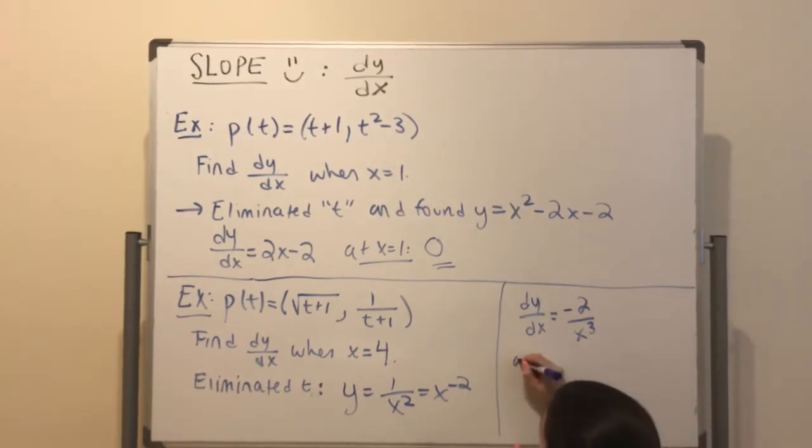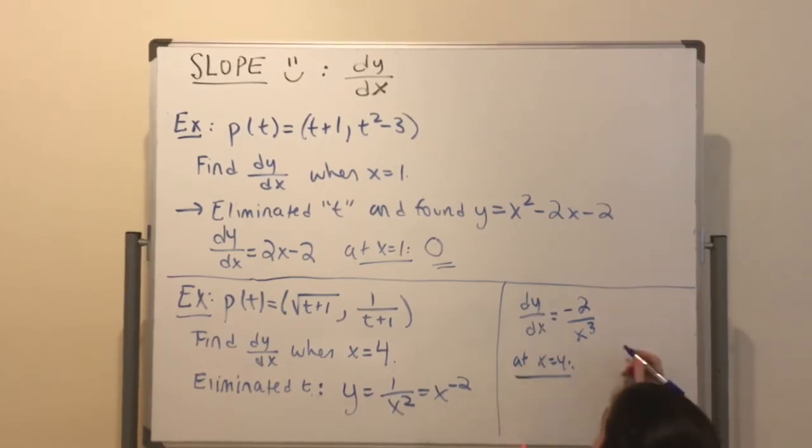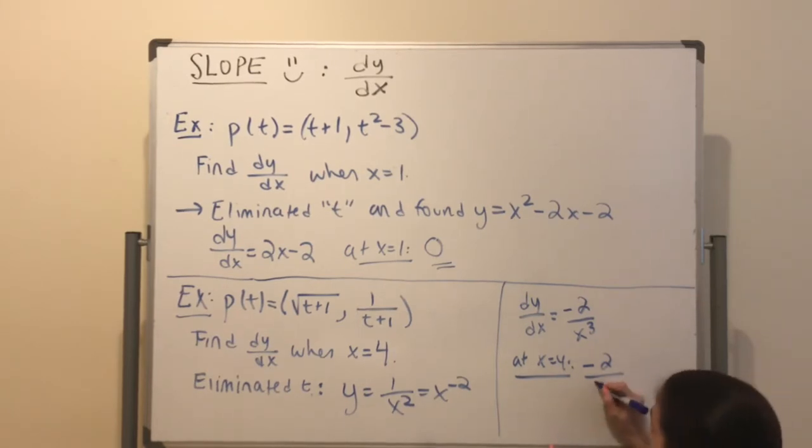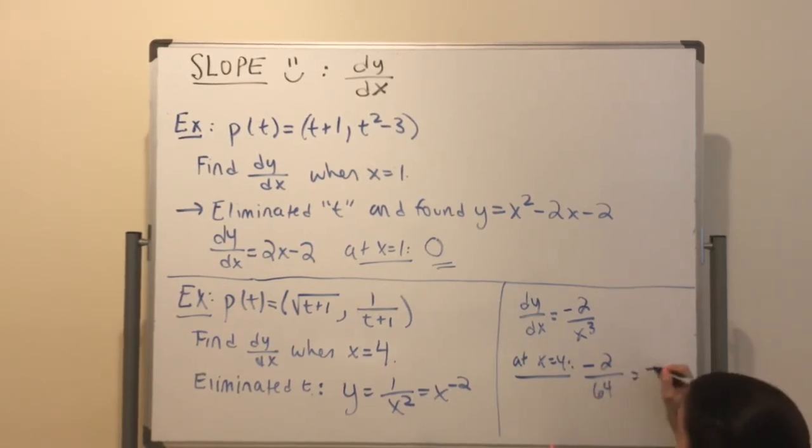And then at x equals 4, we get negative 2 over, let's see, 64, which is minus 1 over 32.